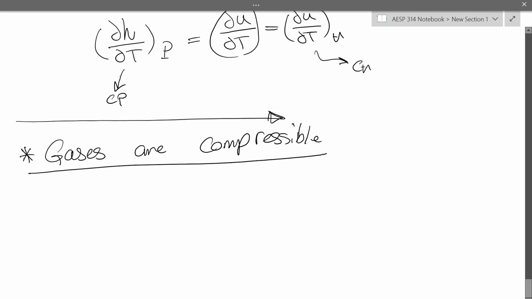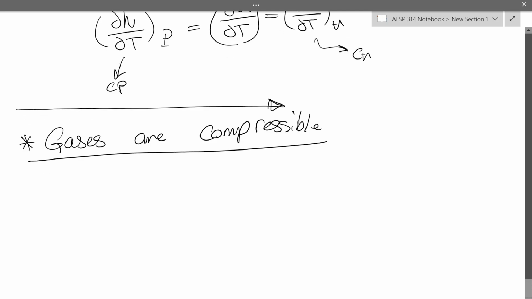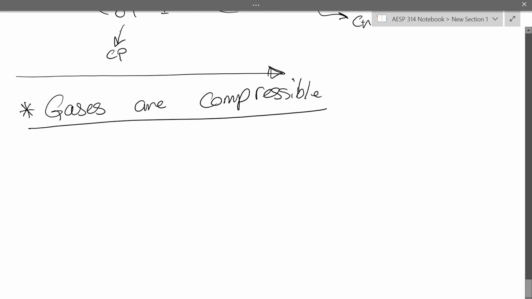So we need to have a very good perspective on compressible fluids in general, or gases in general. So what can we say about C_P, C_V, and all of the other properties when it comes to gases?